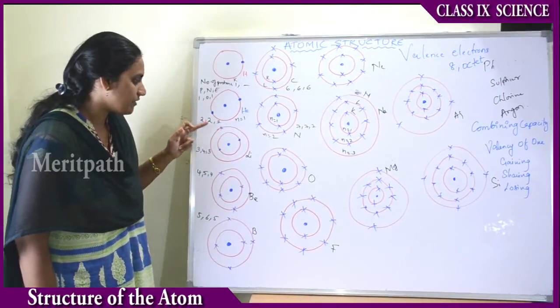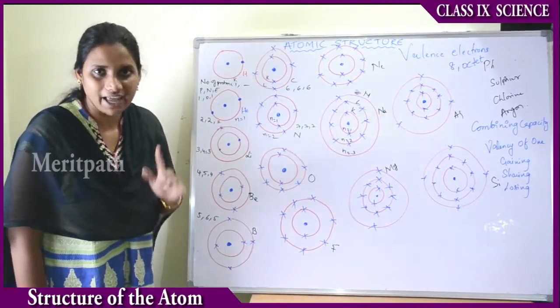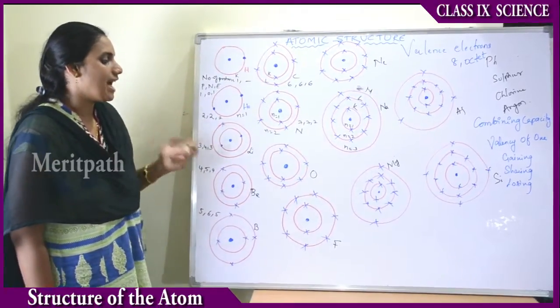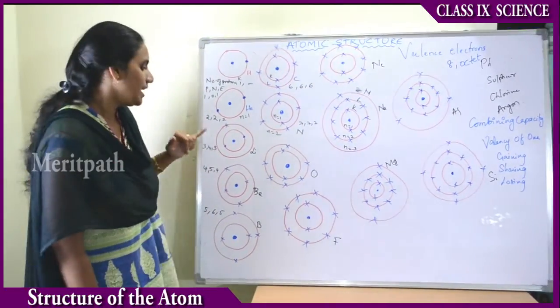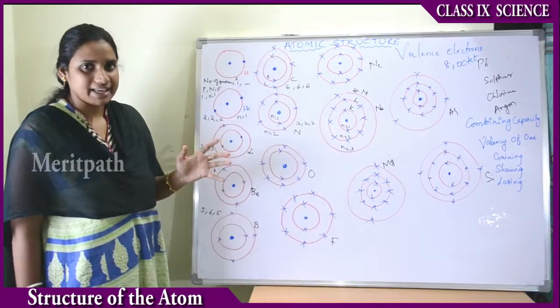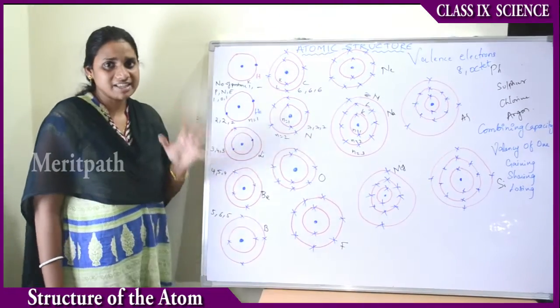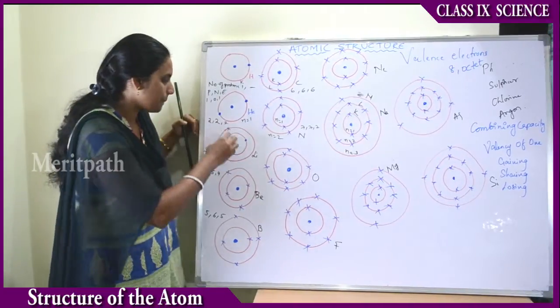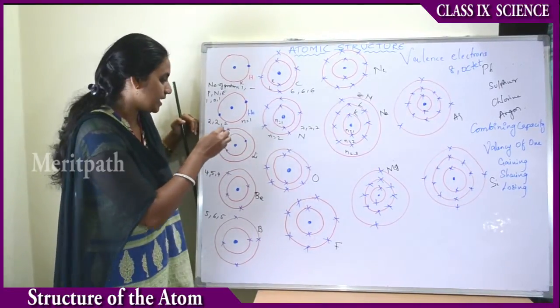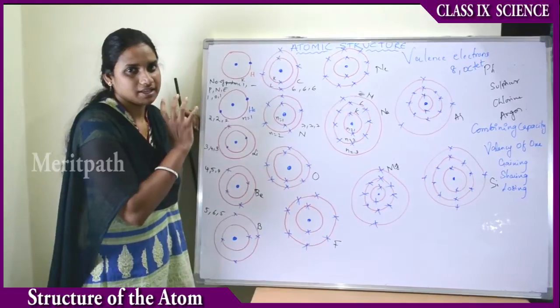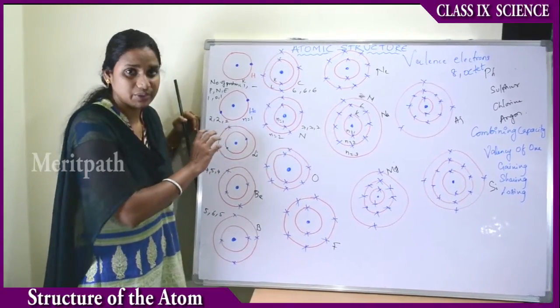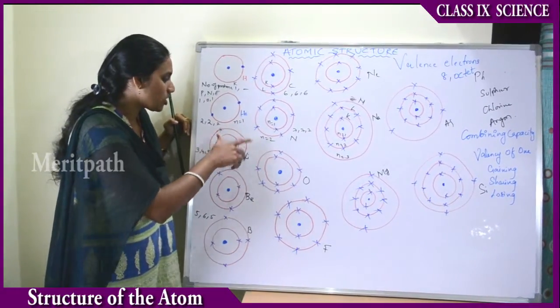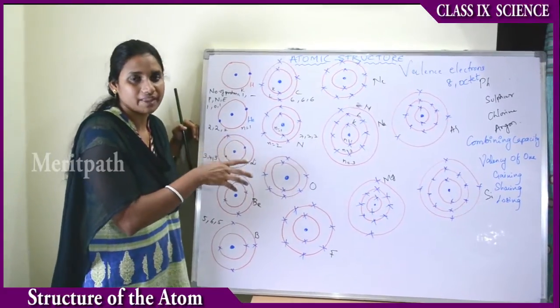In the second shell lithium has only one electron, right? Therefore the valency electrons for lithium is 1. As I have said previously, protons are concentrated in the middle of the atom, which we know as the nucleus, and the electrons are on the outermost parts of the atom.